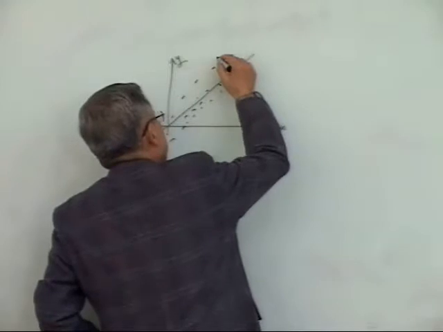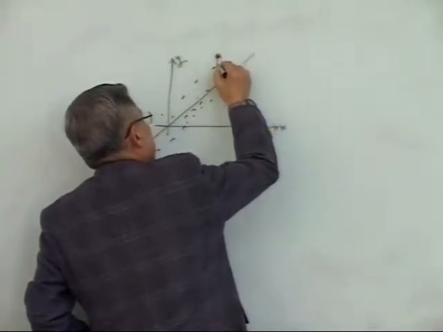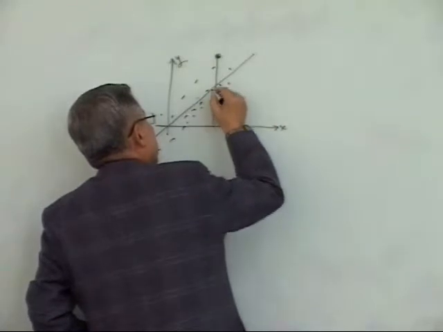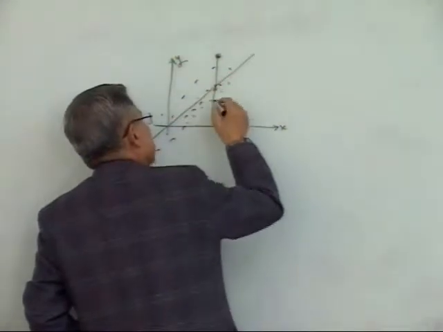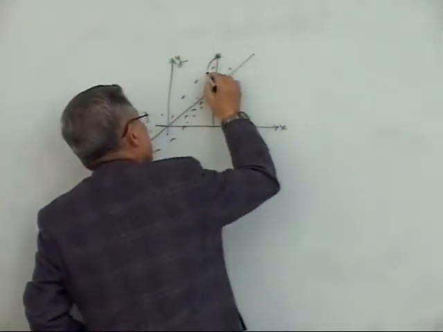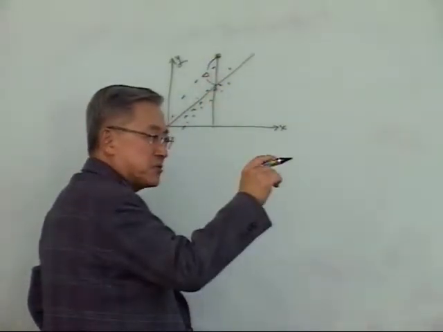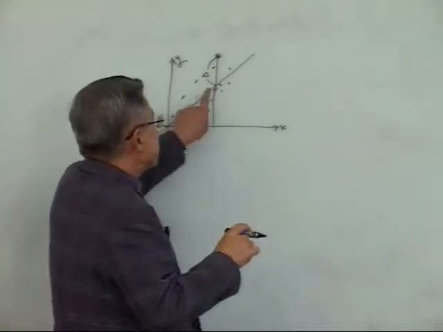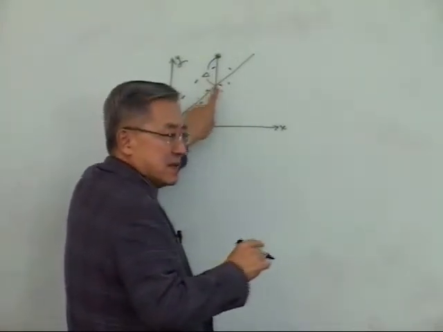Then if you pick out any measured data, and this is a point along the straight line here, then I can say this is the difference between the measured data and the point on the best fit line, right?